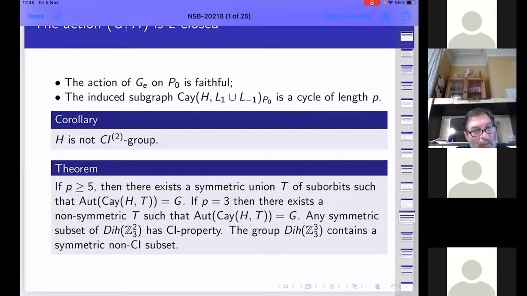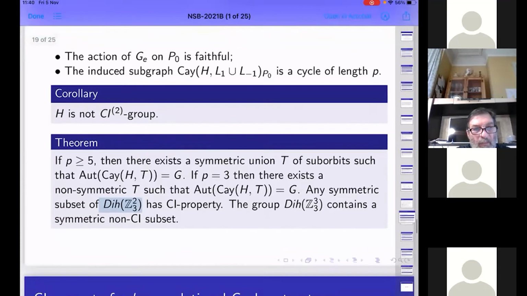So that means that any symmetric subset of this generalized dihedral group has the CI property, but it does not have the directed CI property. I can find a non-symmetric connection set for which the automorphism group will be equal to G.